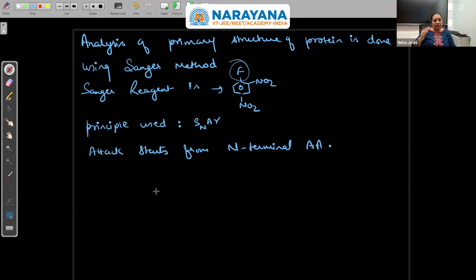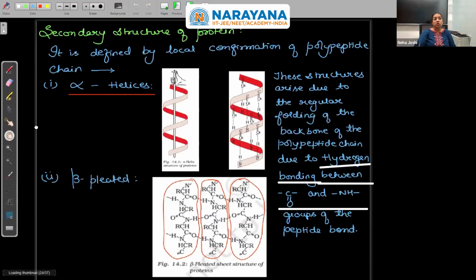So there is a fixed sequence of amino acids, then only it becomes a particular protein. If the sequence is not maintained that way, then it cannot become that protein, otherwise it can cause diseases.